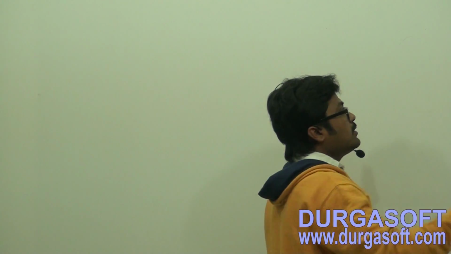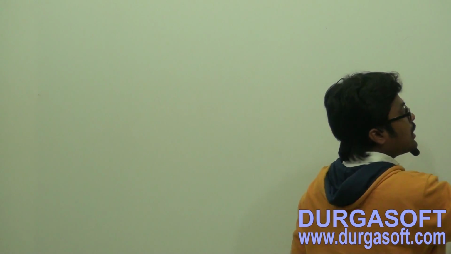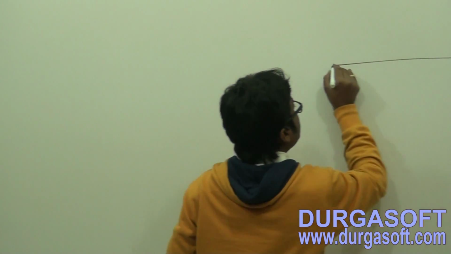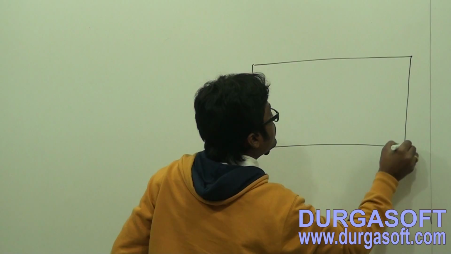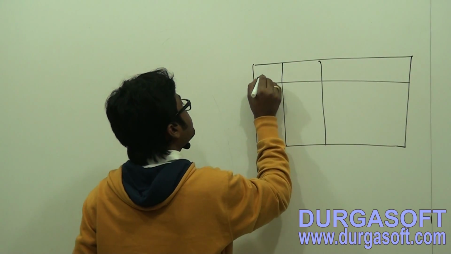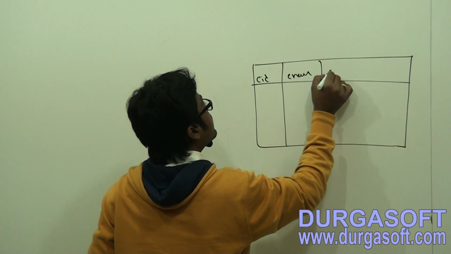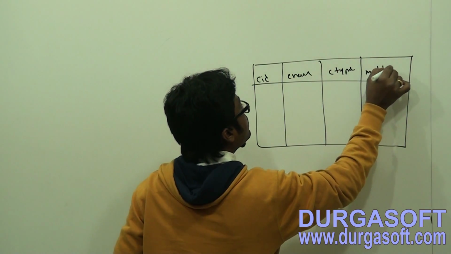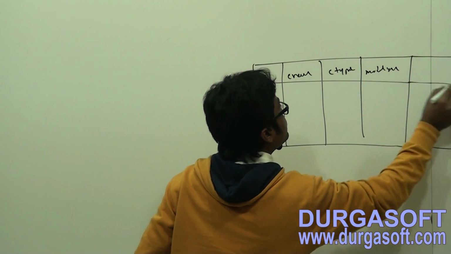So write a DAO class. Let's say we have a supercar car class and a supercar car table. In that table we have properties like car ID, car name, car type, and model year. We have multiple columns.